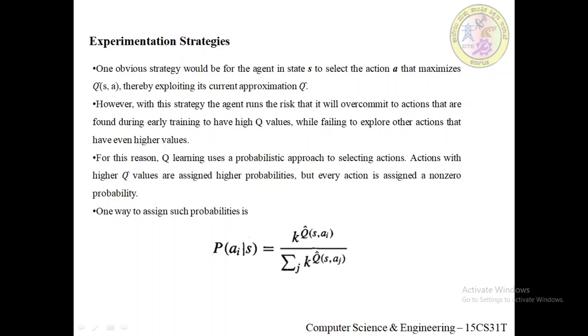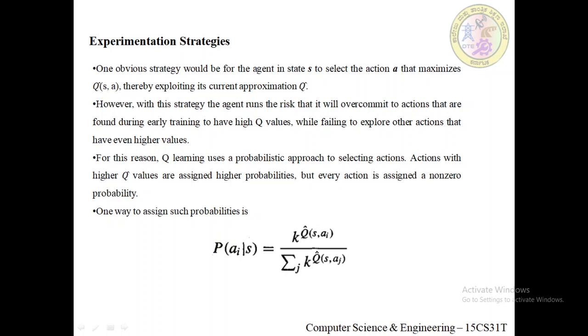Because of this, Q learning uses a probabilistic approach to selecting actions. Actions with higher Q cap values are assigned higher probabilities, but every action is assigned a non-zero probability.